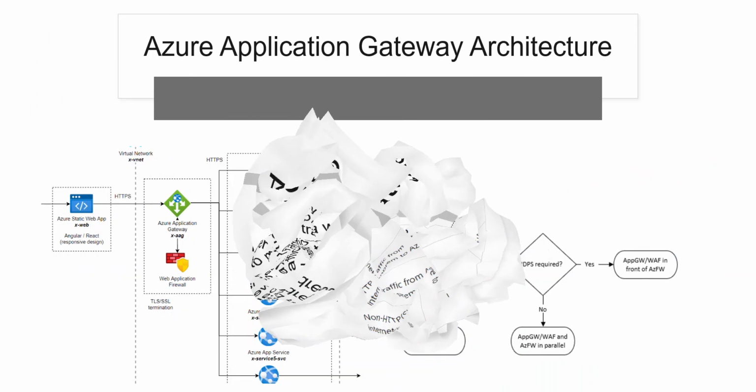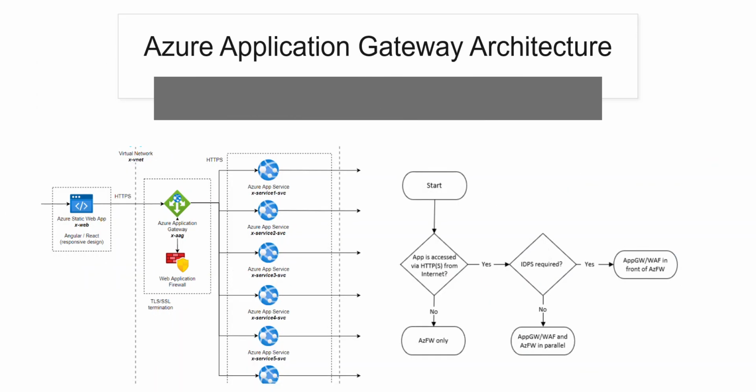Going further, this is the application gateway architecture. The web application request, if you're using HTTPS, will hit the application gateway you can see over here, and the web application firewall, and then it is passed to the respective application services.